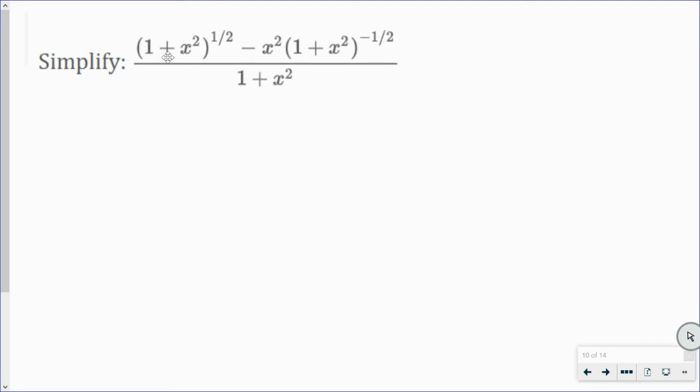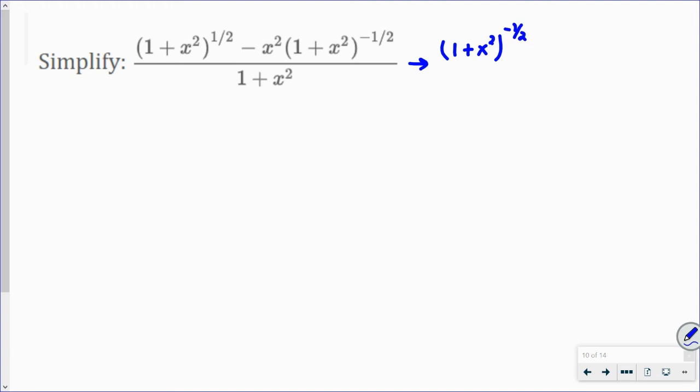But if I look here, I've got 1 plus x squared and a 1 plus x squared, with a negative exponent and a positive exponent. So in the top, when I factor that out, I can factor out 1 plus x squared. And I want the smallest exponent, so minus a half.